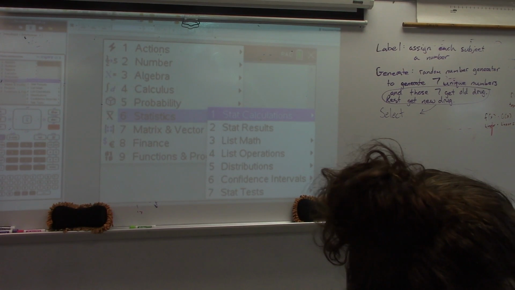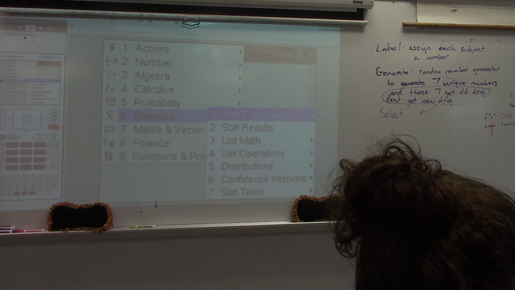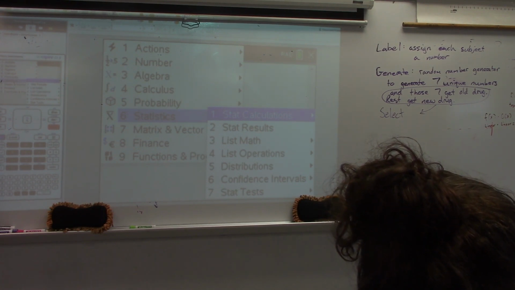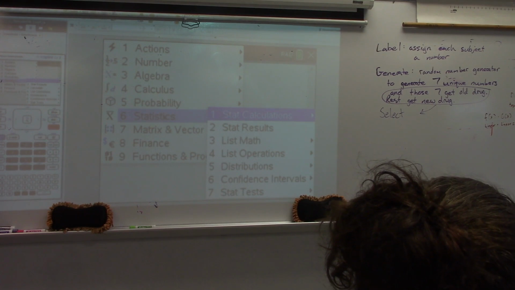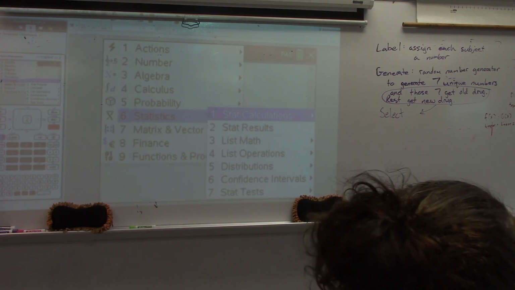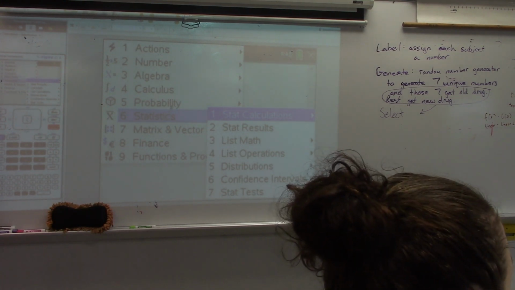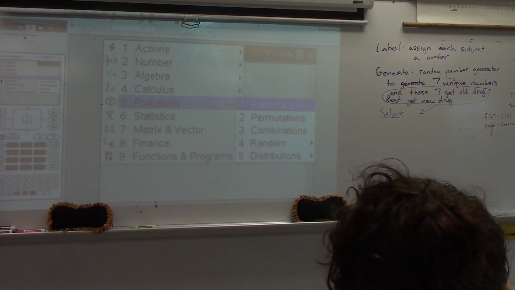Would that work as well? No, because you already have the numbers. Each volunteer was already labeled. We assign each subject a number, then randomly generate 7 unique numbers, and those 7 get the old drug. That's going to be a more efficient system. I'm going to think about what you're asking to see if there's another way to answer it. But all right, I'm going to go to probability.